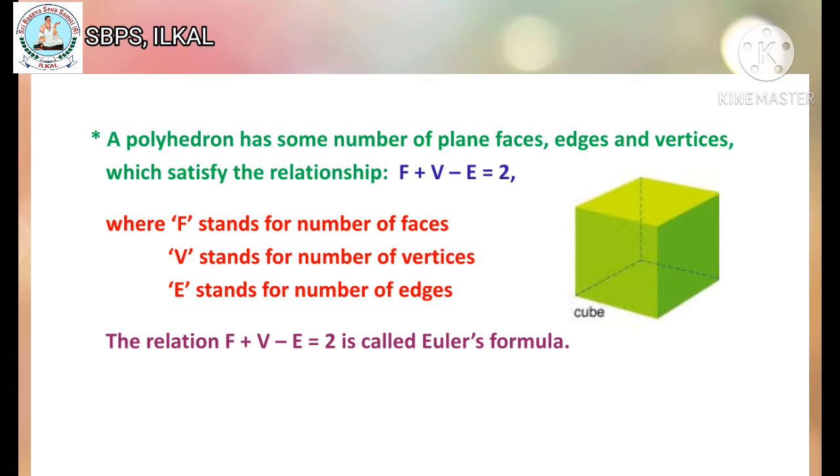Then let us move to the next point, that is a polyhedron has some number of plane faces, edges and vertices which satisfy the relationship F plus V minus E is equal to 2, where F stands for number of faces, V stands for number of vertices and E stands for number of edges. The relation F plus V minus E is equal to 2 is called Euler's formula.